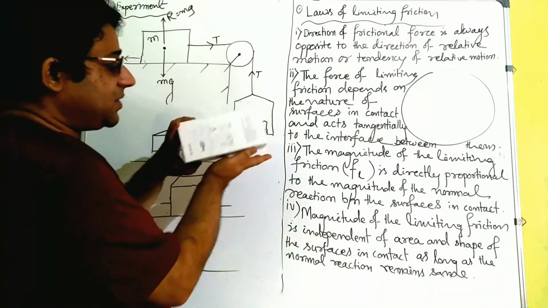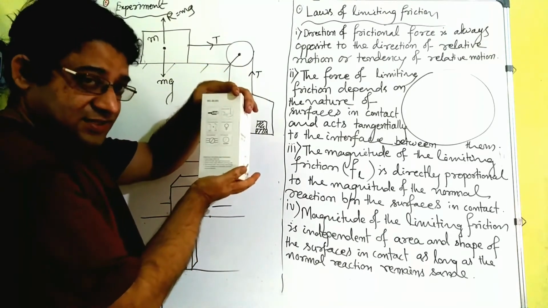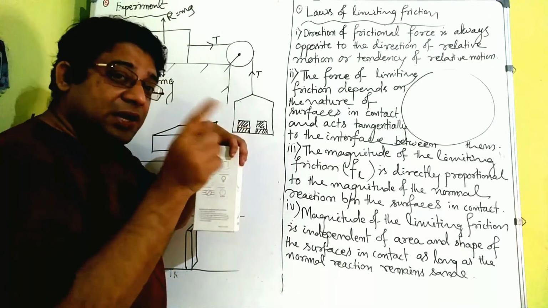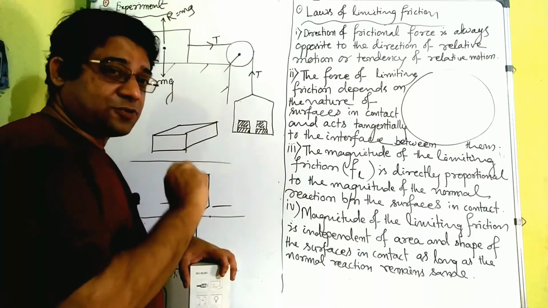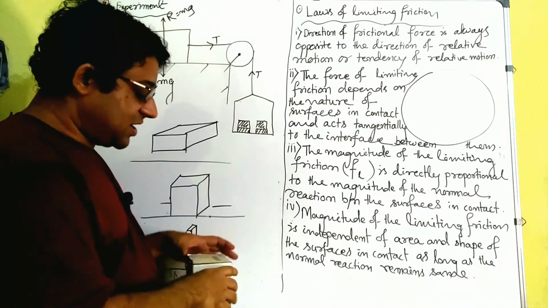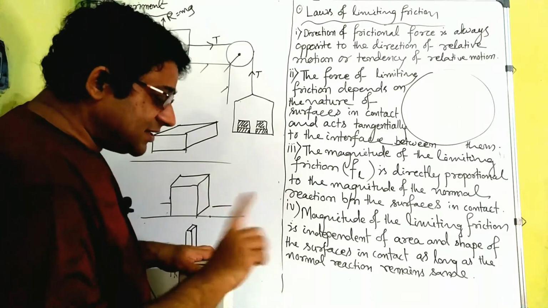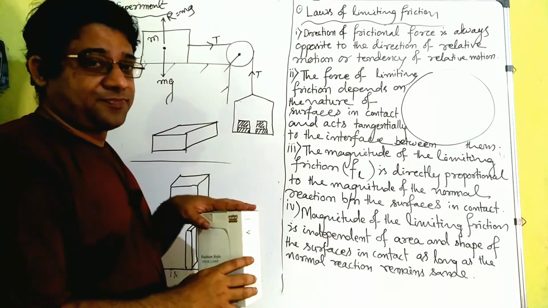Since from here to here you moved, the area is decreasing, but because of the increase in pressure, the actual area is again increasing. So however much the decreasing effect, that much increasing effect also takes place, and that is the reason it doesn't matter whether you keep it like this or like this or like this, as long as the normal reaction remains the same.